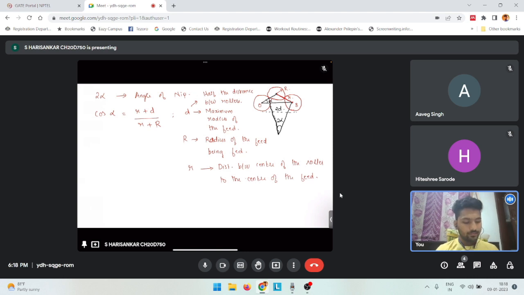And you get a relation like this: cos alpha is equal to (r plus d) by (R plus r), which is basically the principle of adjacent side by hypotenuse, where 2 alpha is called the angle of nip. Now, one more thing we can have a relationship for is the theoretical capacity of a roll crusher.